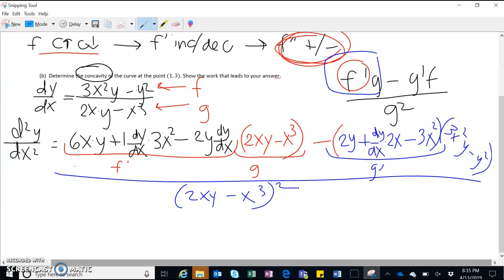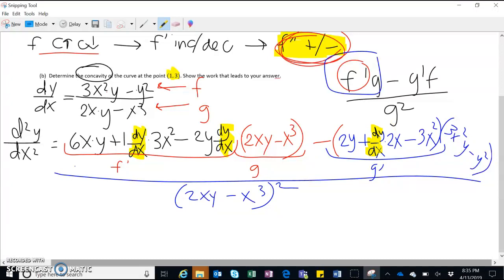Okay, this is a nightmare, I know, but I still need to utilize my point (1, 3) to be able to determine if the double derivative is in fact positive or negative so that I can answer the question about concavity. The good news is, in the midst of this nasty double derivative, I do see dy dx's a few times floating around inside of all of this stuff.